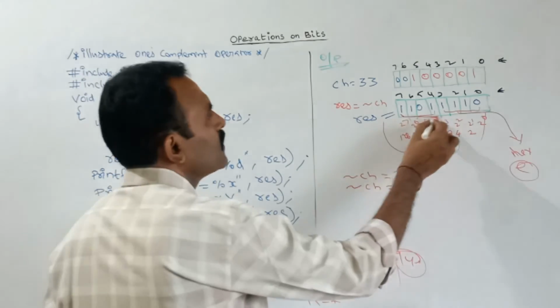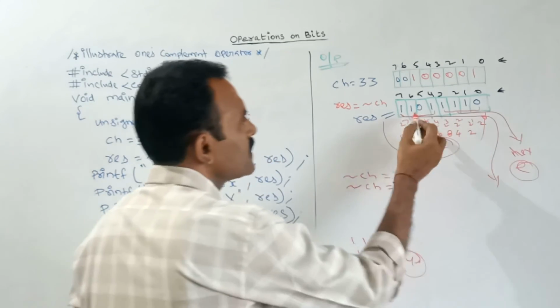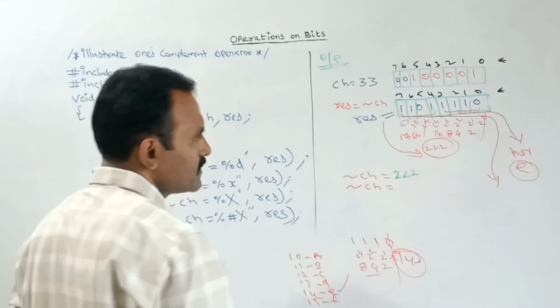If you take this other 4-bit value, what is the hexadecimal value?